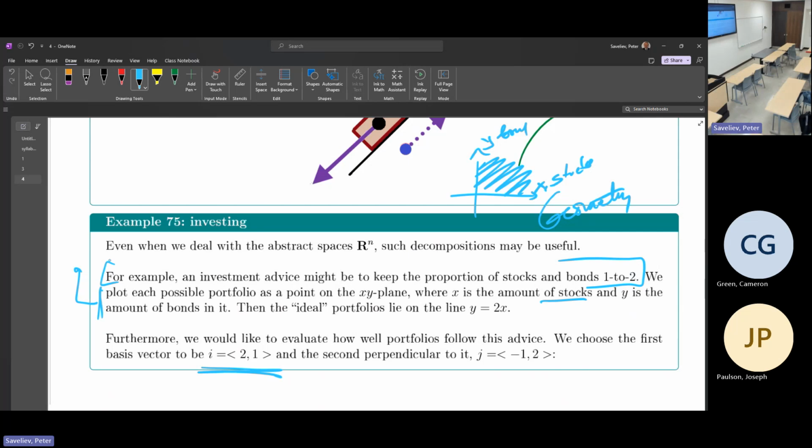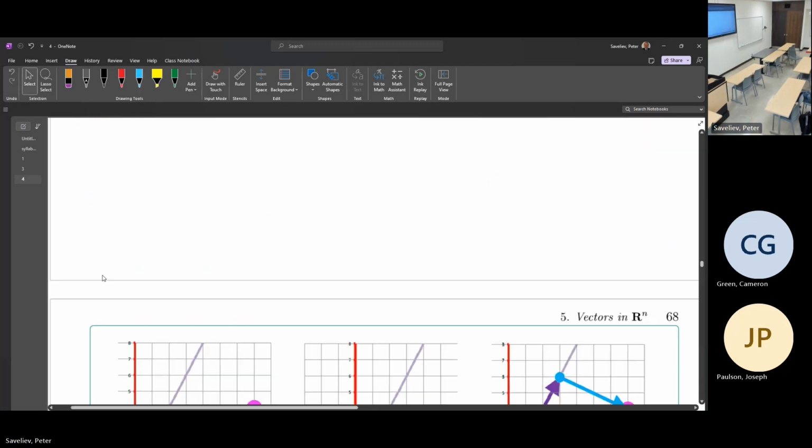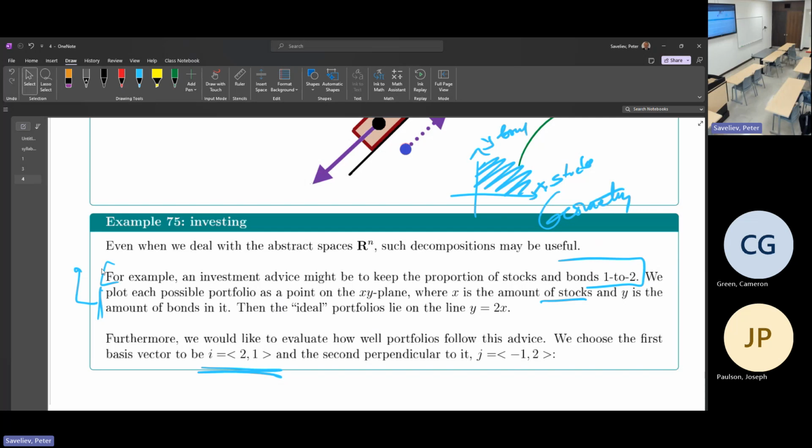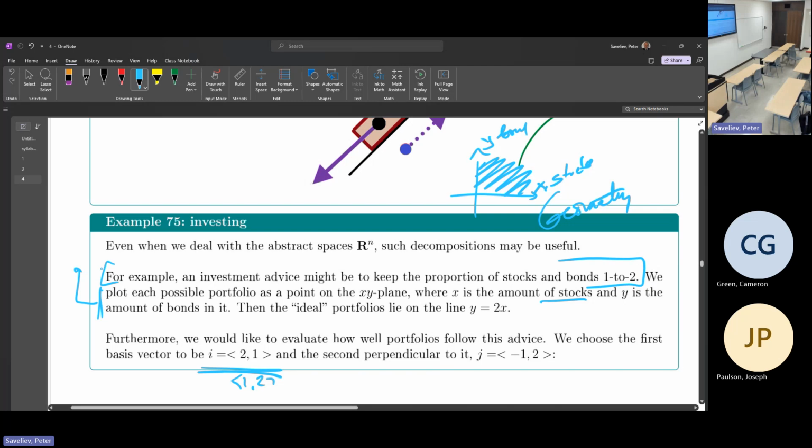I wrote stocks come first, bonds come second. So the opposite: there are twice as many bonds as stocks. This vector is not 2, 1. It should be 1, 2. Right, 1, 2. There are more bonds than stocks. So this is all.